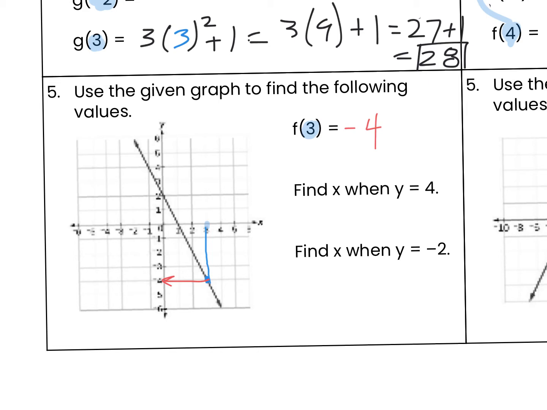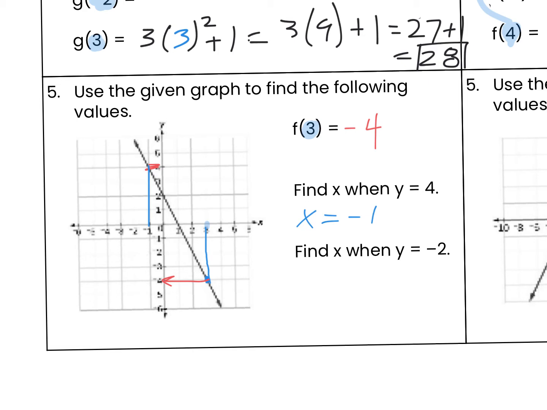Okay? So now the next question is find x when y equals 4. So when y equals 4, I go all the way up over here. So that's where y equals 4. So then I look down and I see that x equals -1 when y equals 4.